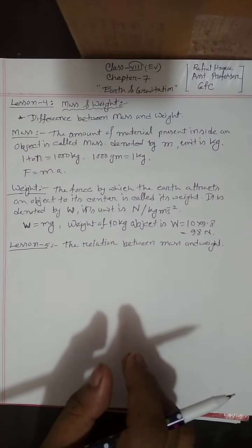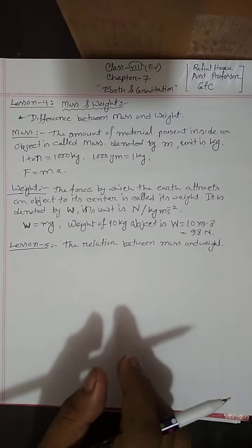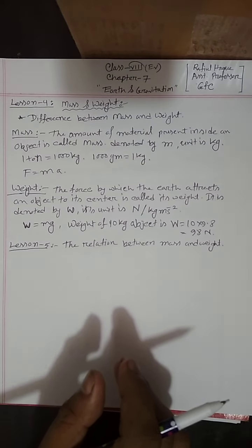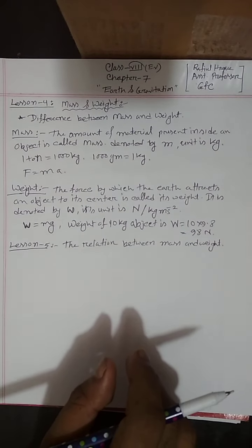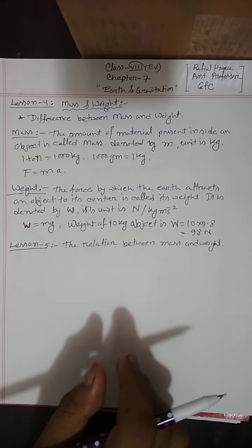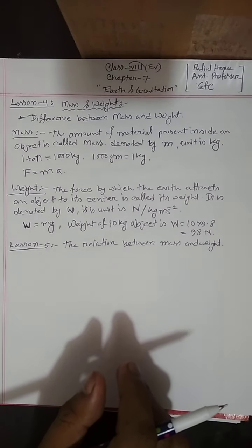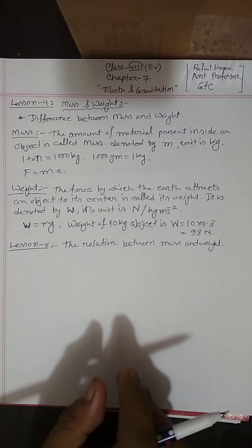If an astronaut has a mass of 75 kg, it will remain unchanged when he is on the surface of Earth. The amount of material by which an astronaut is built does not change due to the change of position, and that is why his mass remains unchanged.